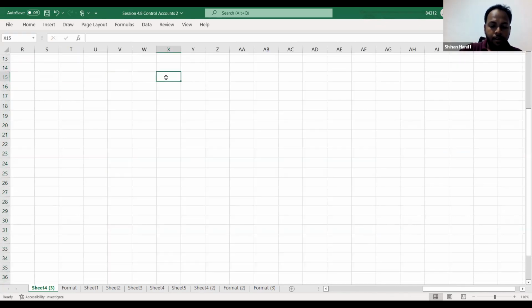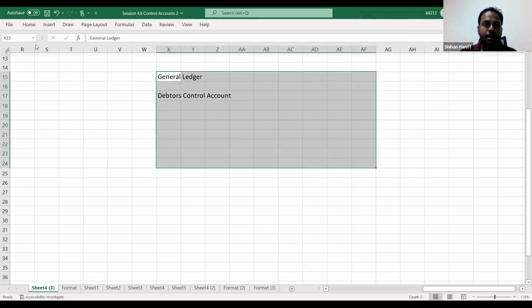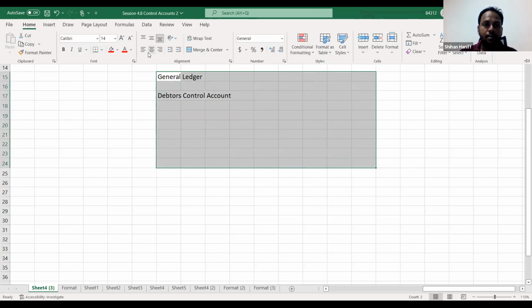We have the debtors control account in the general ledger. I'm doing it for the debtors control account; the same thing applies for the creditors control account as well.